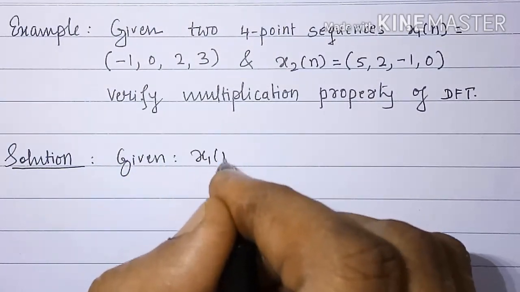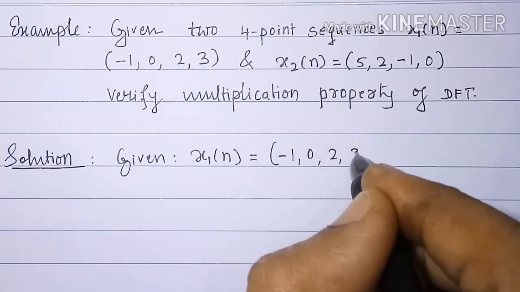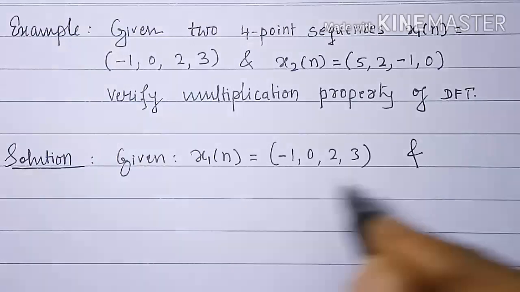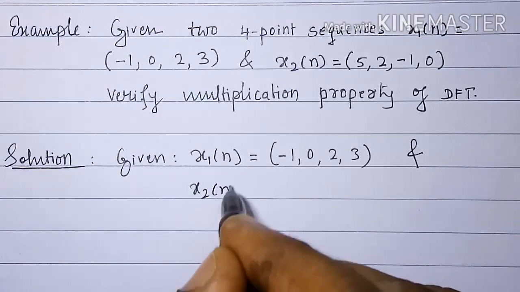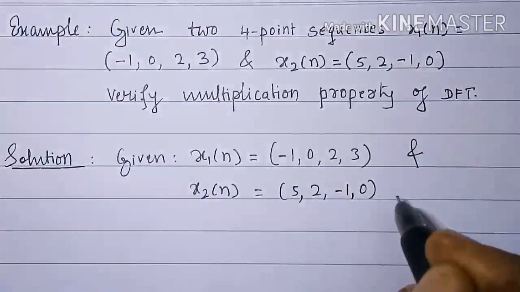Given x1 of n equal to -1, 0, 2, 3 and x2 of n equal to 5, 2, -1, 0.